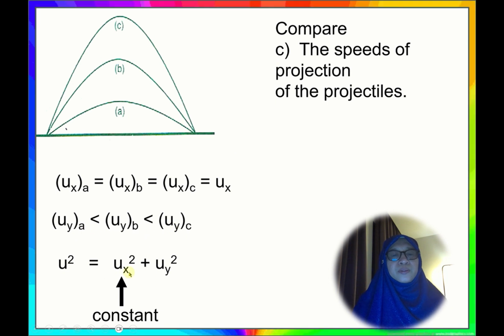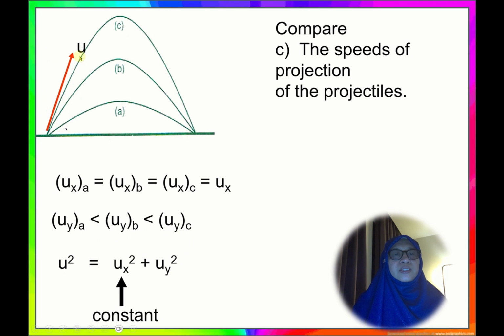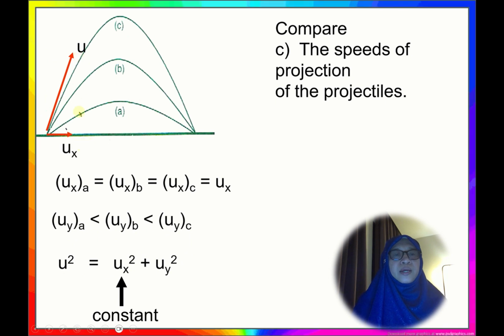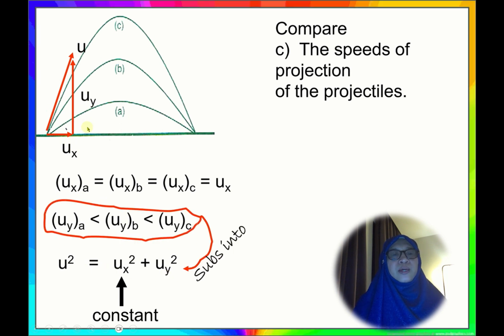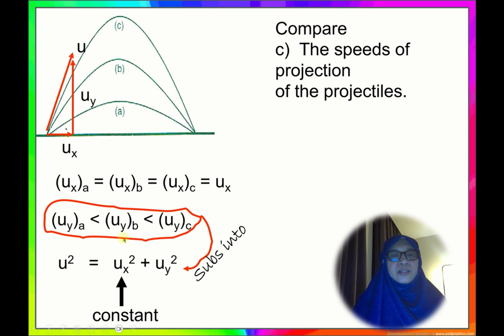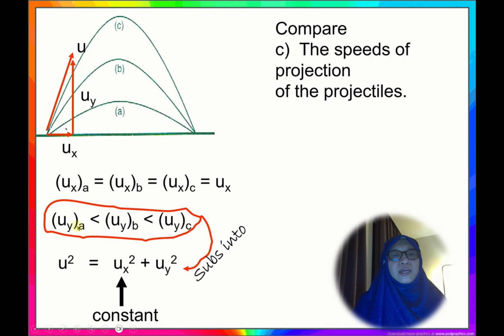Now refer to this equation. Compare these two equations. So this is the u and ux, uy. That's why we use the Pythagoras theorem. So u squared equals ux squared plus uy squared. Then we compare these two. So uy for A is less, right?